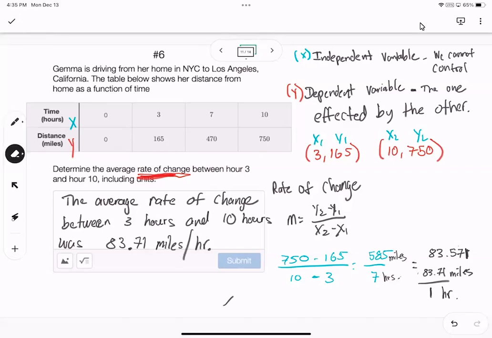And that's it. Remember, in a lot of word problems, you want to write or end your answer in a statement.